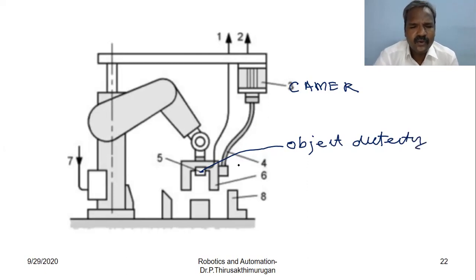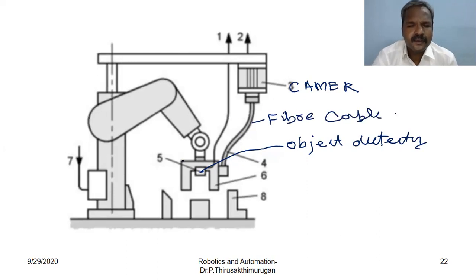Actually, this 4 is the fiber optic cable. So this is the fiber optic cable. Okay, this is the camera.